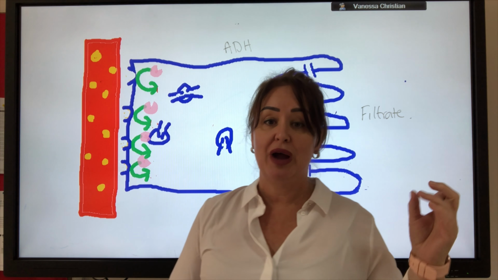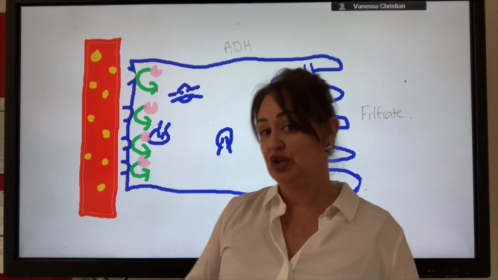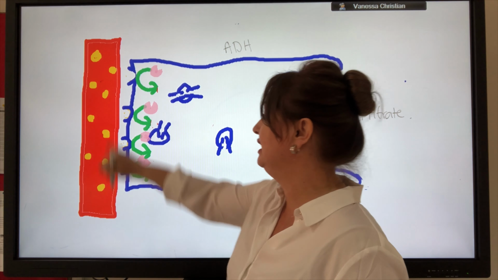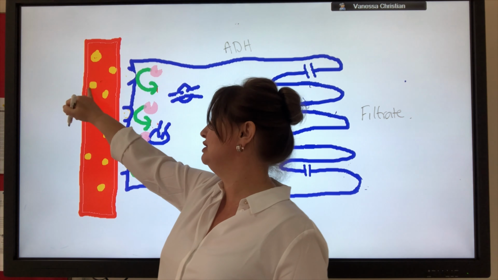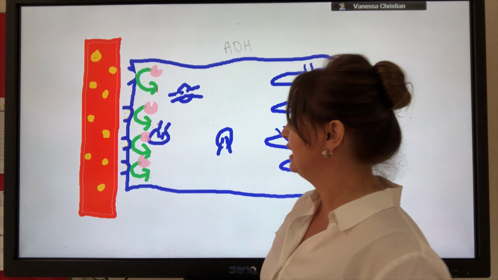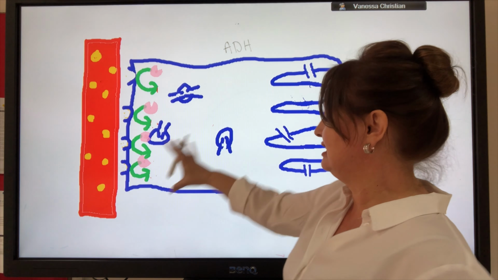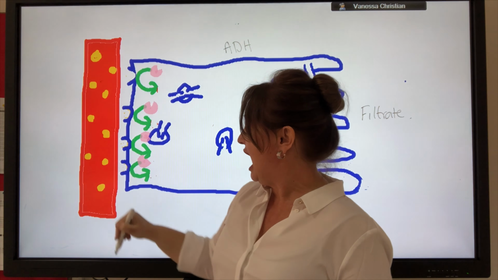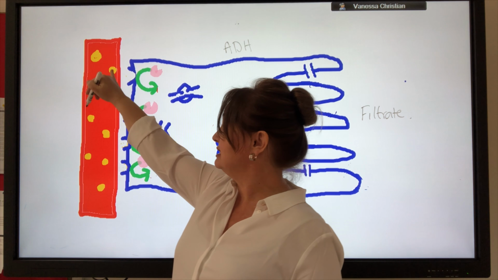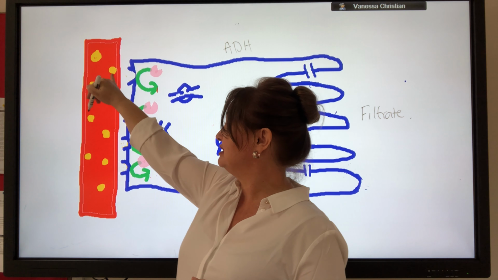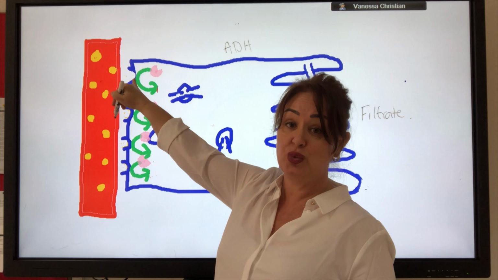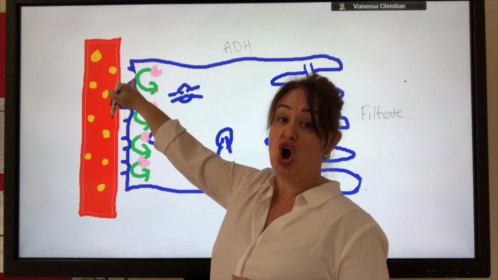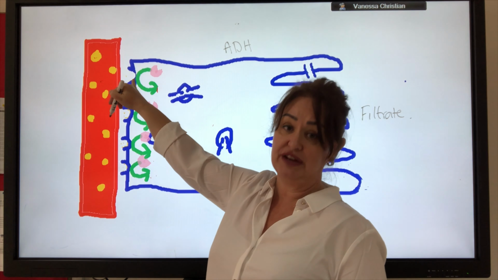Remember in biology where things move from, where they move to, and the process by which they get there. So here is my antidiuretic hormone, these blobs of yellow if you like, and here is the cell in the distal convoluted tubule. So these here are receptors, and what's going to happen is this antidiuretic hormone is going to bind with the receptor on the cell of the distal convoluted tubule.